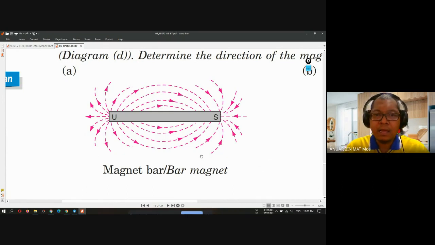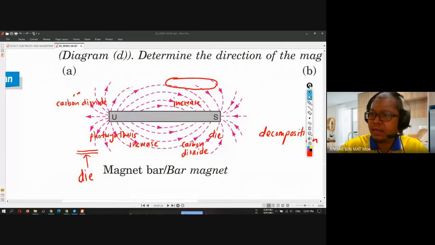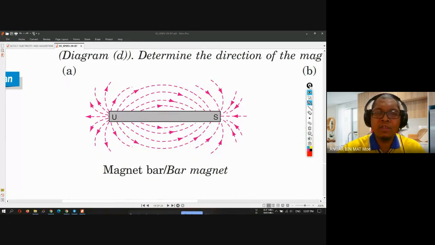This is one type of magnet that you use. You just use a usual normal bar magnet, and make sure you also draw the lines with their direction. If you still remember, the magnetic field lines come out from the north and then go into the south.